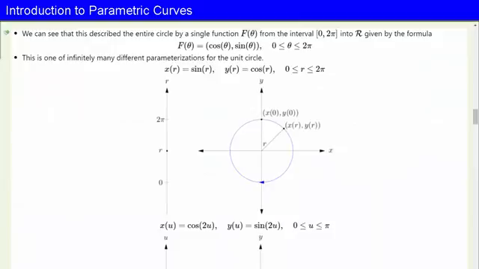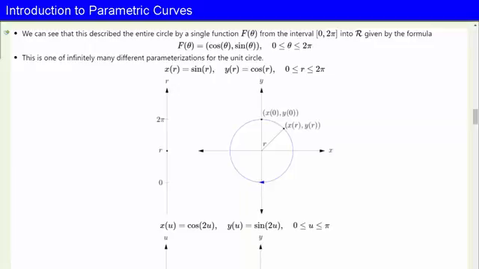We can see from the picture that this works beautifully to describe the entire circle by a single function, capital F(θ), from the interval 0 to 2π into R2, given by the formula F(θ) = (cos θ, sin θ), and θ ranges from 0 to 2π.